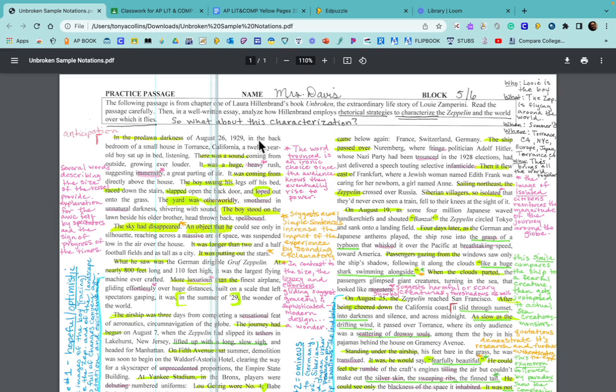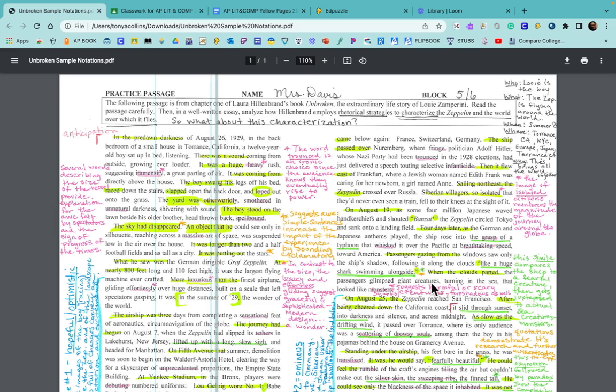So when you highlight words in your passage, I need you to give me commentary about the words and how they relate to each other and how they relate to the meaning of the passage. You must write commentary about these words in the passage itself. I need to be able to find your commentary. I just don't want a bunch of words highlighted on a page. That does nothing for me. I need you to write something so I can see it.